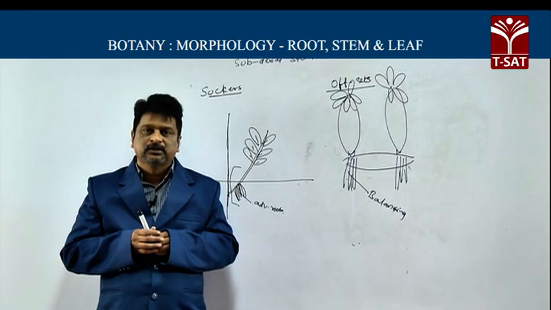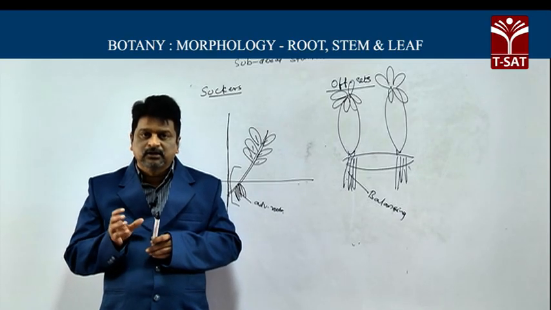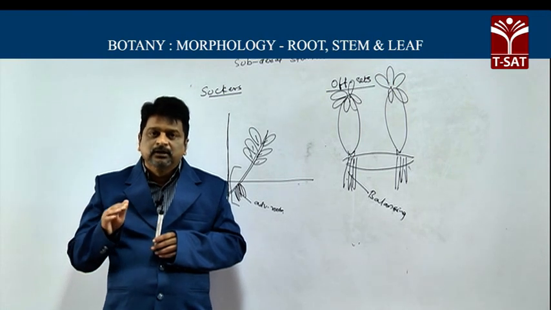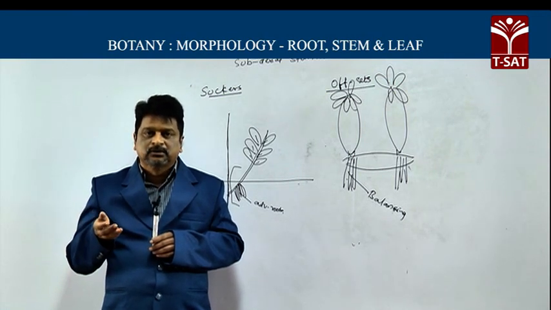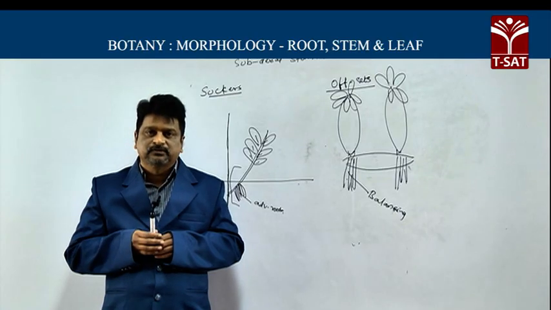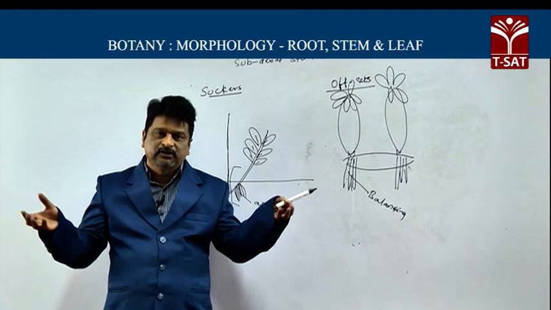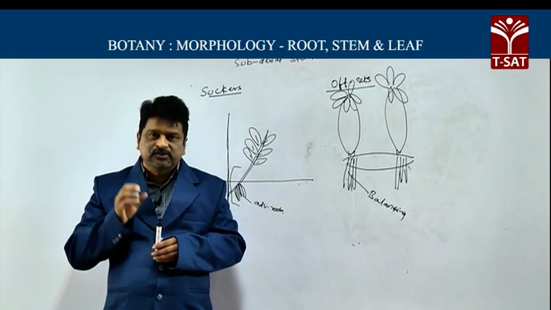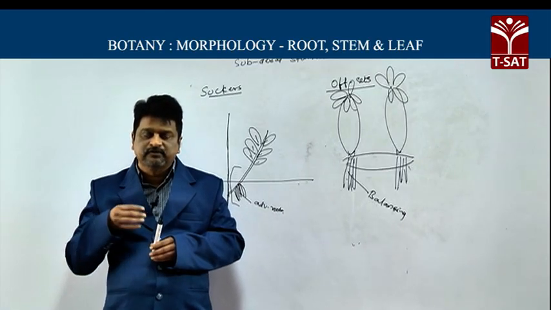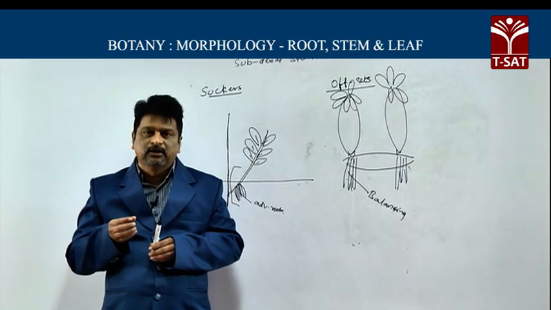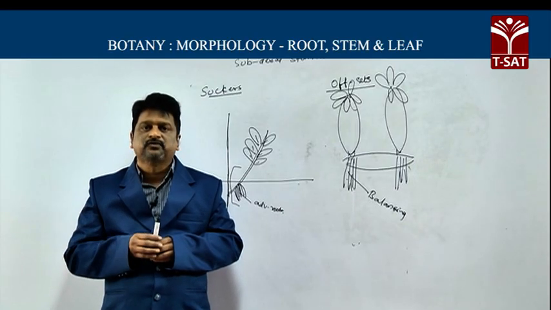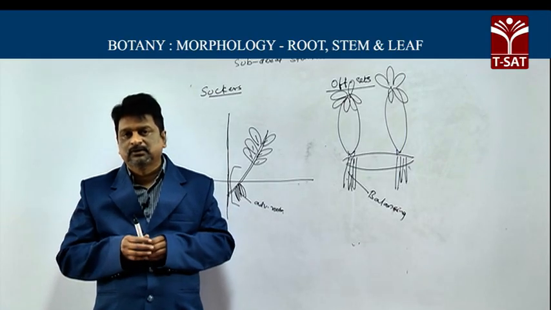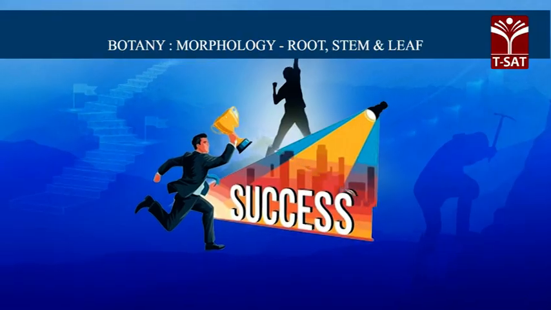One more importance: Eichhornia is called Bengal terror because in normal conditions it reproduces by offsets and covers most of the water surface, and it absorbs more oxygen. So because of this, oxygen concentration decreases in water, so fishes die. That is why it is called Bengal terror.